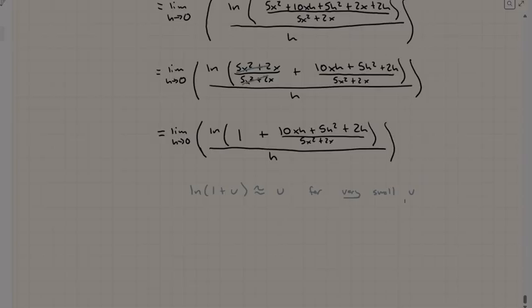And so that means if we define u equal to 10xh plus 5h squared plus 2h over 5x squared plus 2x, notice as h approaches 0, everything in this denominator is going to turn to 0.